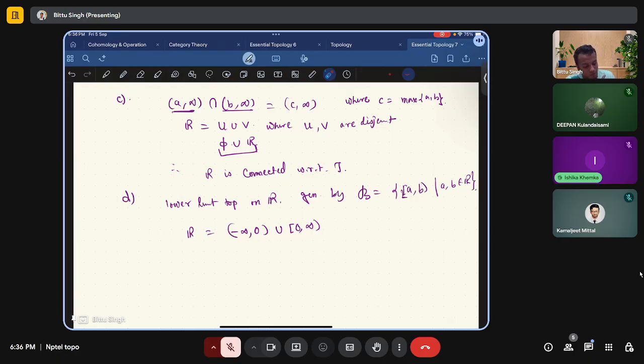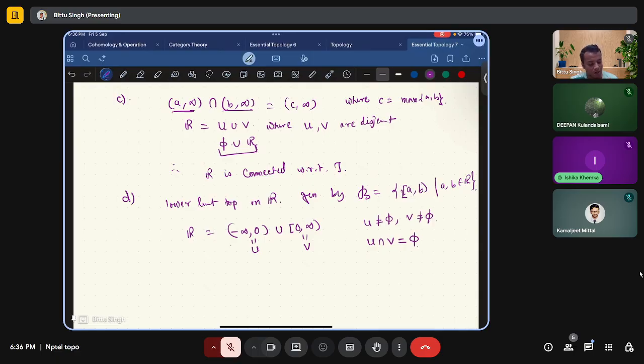By the same check, we can see that this set is also open because the left side is open, which is similar to this one. So this is also open in lower limit topology. And the interesting thing is that if we assume this as U and this as V, then U intersection V is empty. And also note that both are non-empty. U is non-empty, V is non-empty, and their intersection is empty.